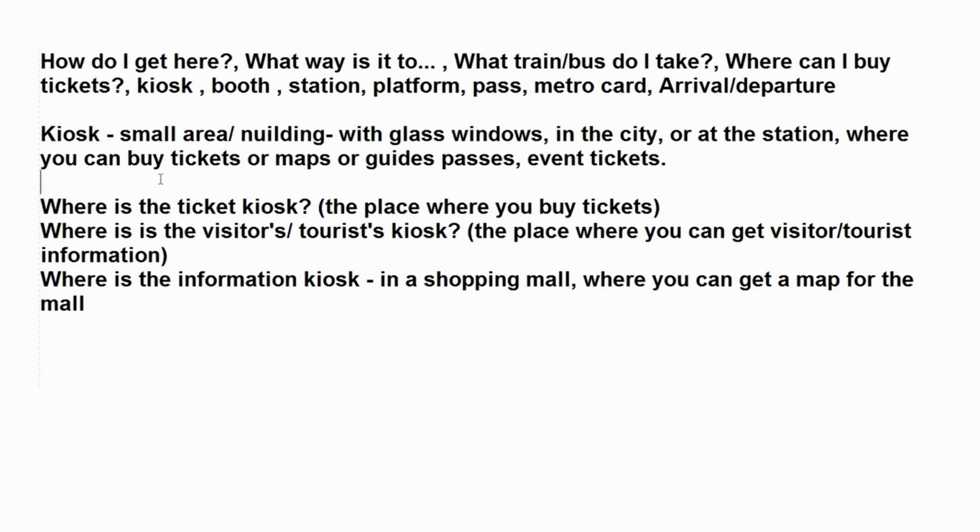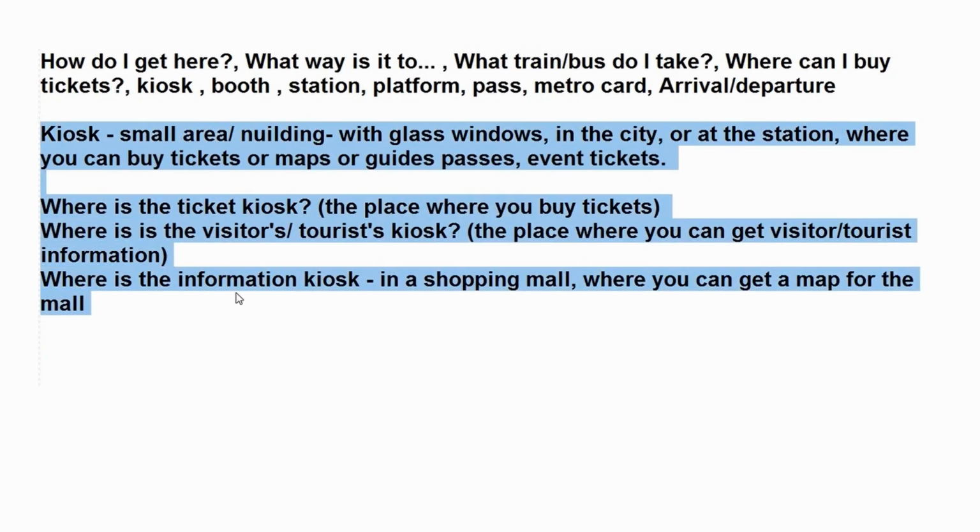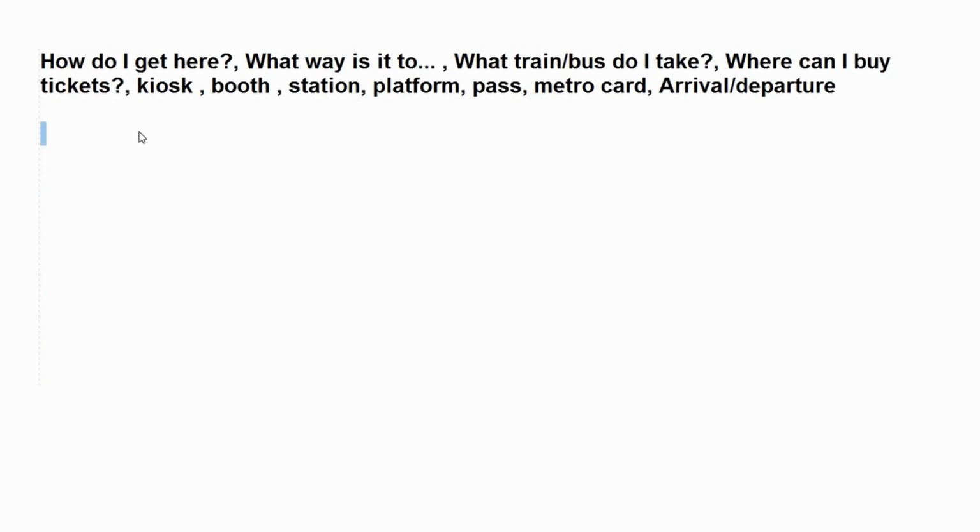Also, booth. So kiosk and booth, it's kind of the same. A booth is smaller. For example, например, I'll show you guys. You probably know the word, like before, a few years ago, they had phone booths. Okay, phone booths. You know what this looks like.